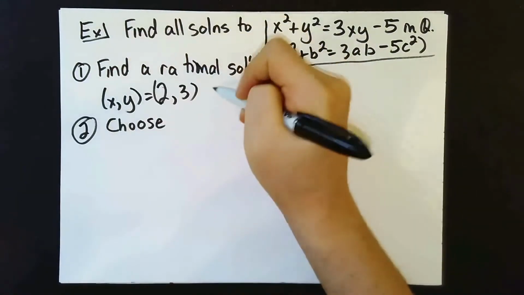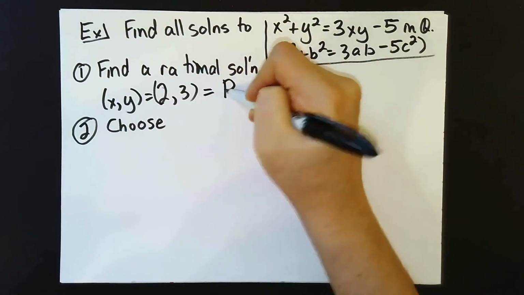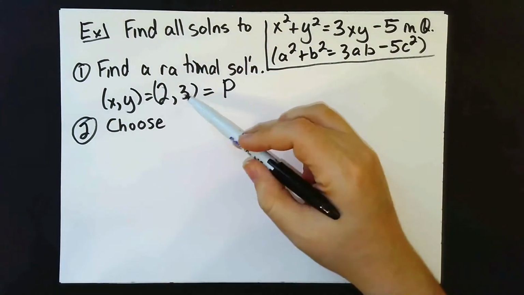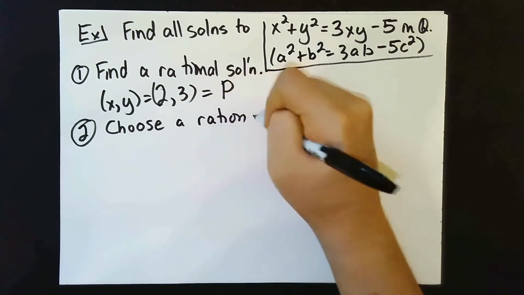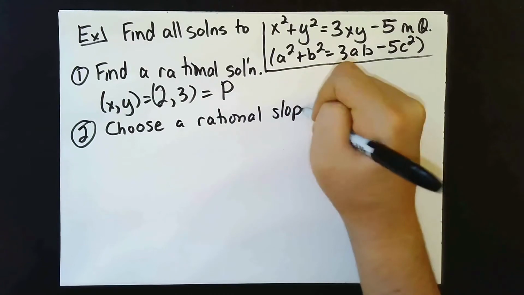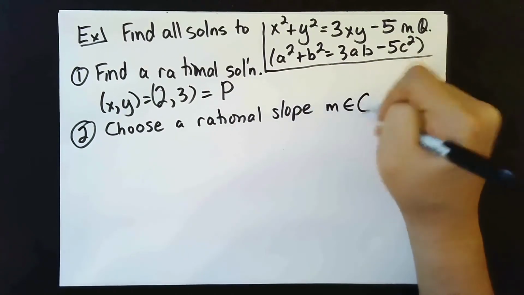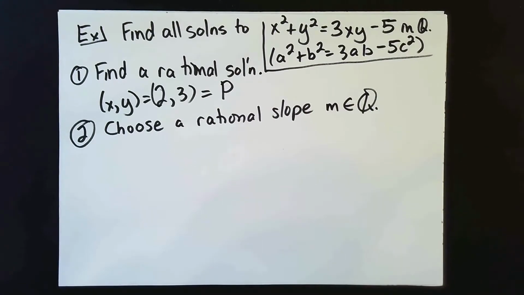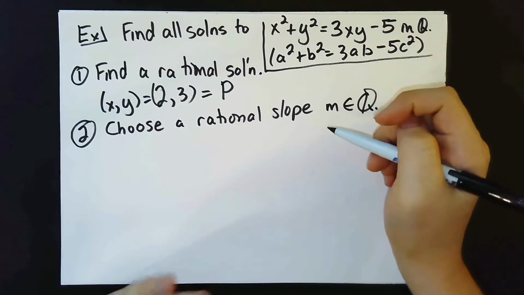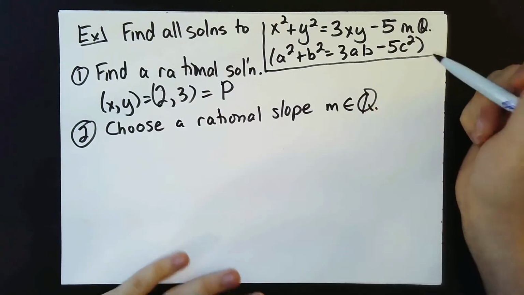And this is a point on our curve, so I'm going to go ahead and give this point the name P. So after I've done that, I'm going to go ahead and choose my favorite rational number as the slope. So I'm just going to call that number m, uncreatively, for slope. Well, m, in fact, stands for montre, which is the French word for to climb. But anyway, that's what we usually use for slope, because s's look like 5s, so s would be a bad choice.